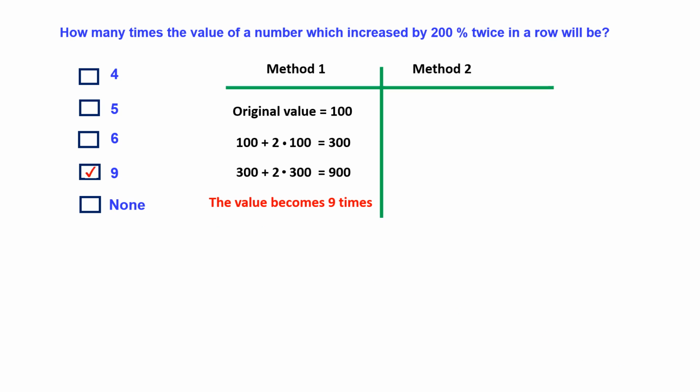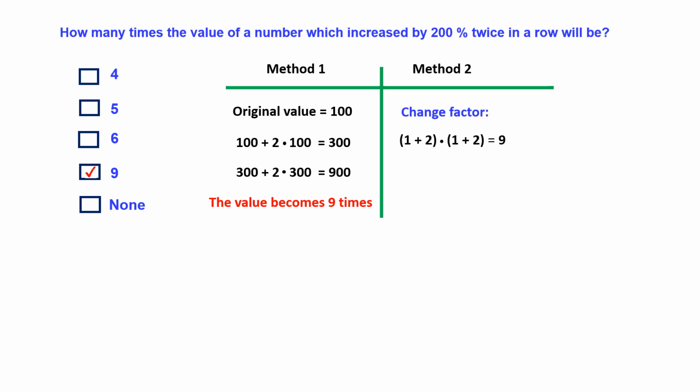Another way to solve this problem is using change factor. We have two changes. The first change is increasing by 200%. In change factor means 3, because 100% plus 200% will be 300%, and in decimal, which is change factor, it will be 3.